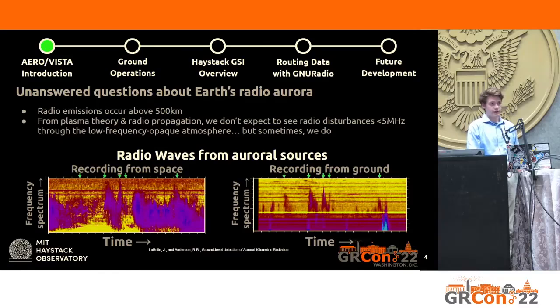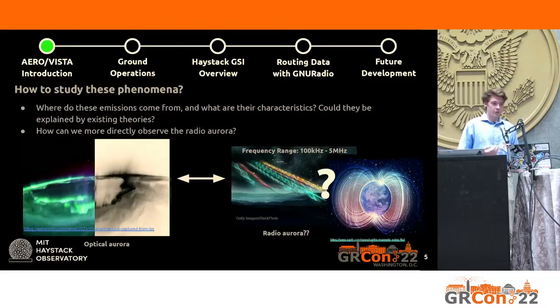But what's interesting is that plasma physics and radio propagation theories both predict that this should not be possible at all. It should be completely attenuated by the time it reaches the ground. So MIT Haystack really wants to study these phenomena, because whenever you have observations that go against what your model predicts, that's where the most interesting science occurs.